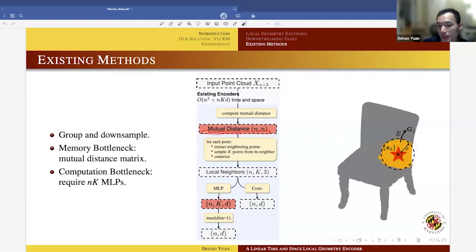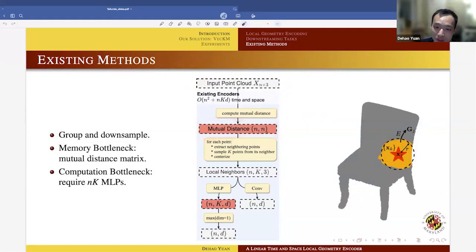This can be very memory intense because it is an n² operation. Imagine if your n is like 10,000, this is already medium scale, not large scale. Even at 10K, this is already terribly large. So this is the first bottleneck: computing a mutual distance matrix.